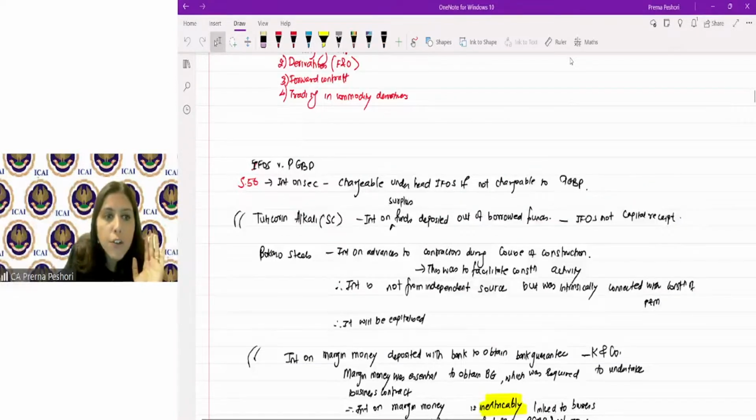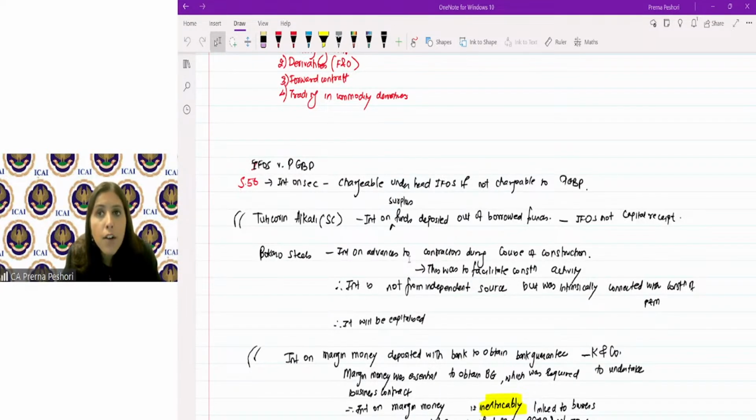So, if you remember this, we had done this particular portion under the head PGBP already. So that's how you have to interlink the provision. Isn't it? That's what I told you.